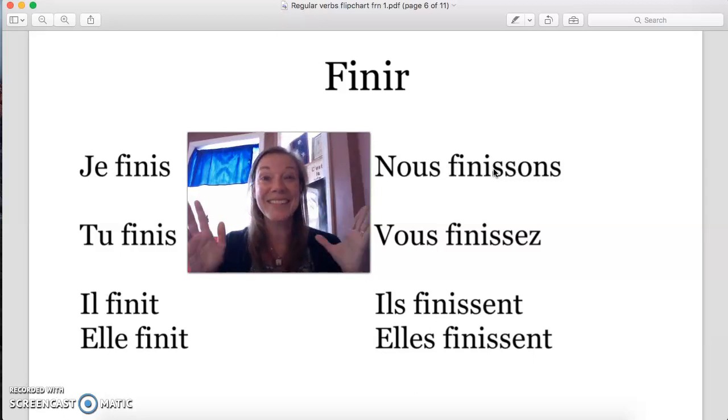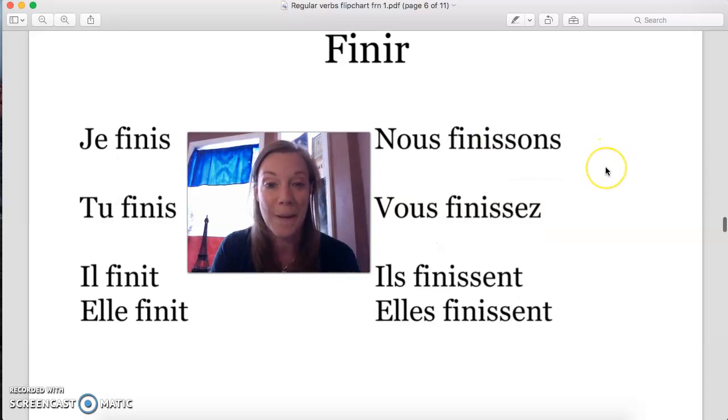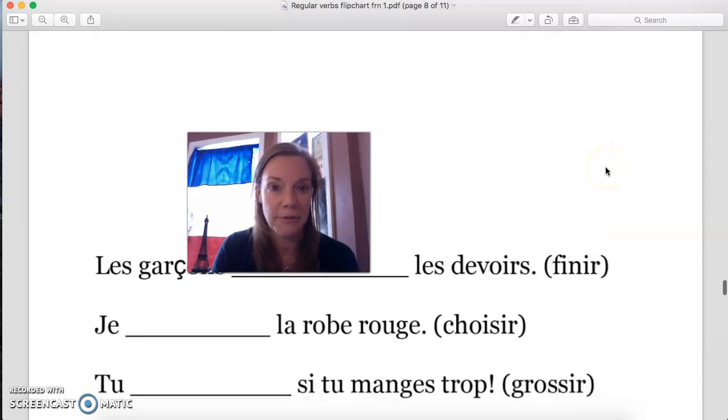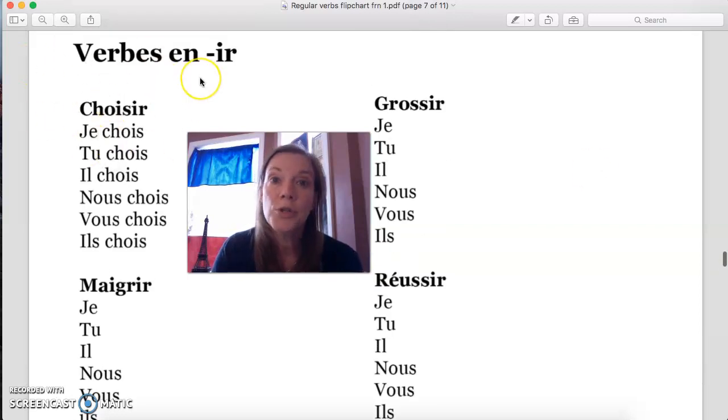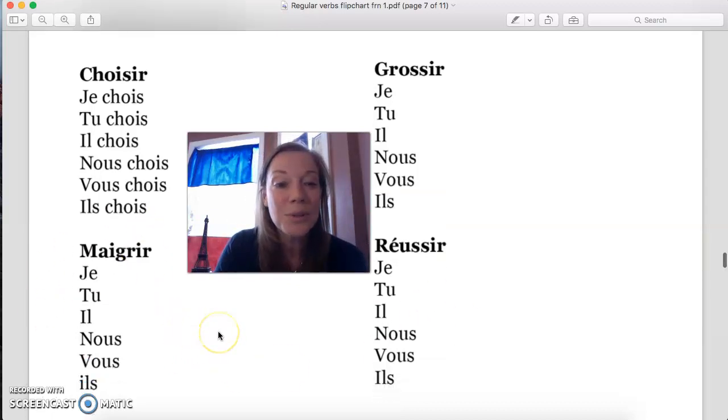Okay, that's how you do a regular IR verb, and there are quite a few of them. Here are some examples. Some examples of IR verbs include choisir, to choose, grossir, to gain weight, réussir, to succeed or to pass, which is what we're all doing at the end of this semester. Maigrir is to lose weight.